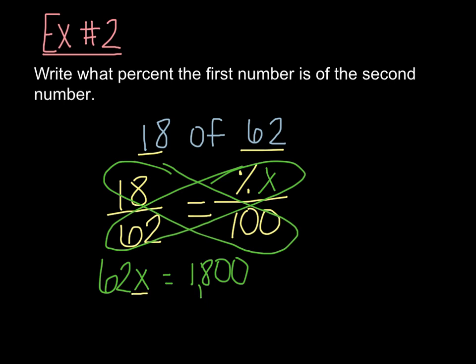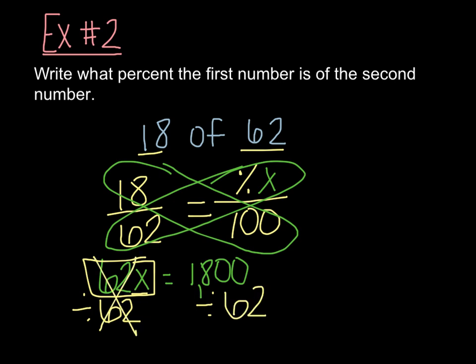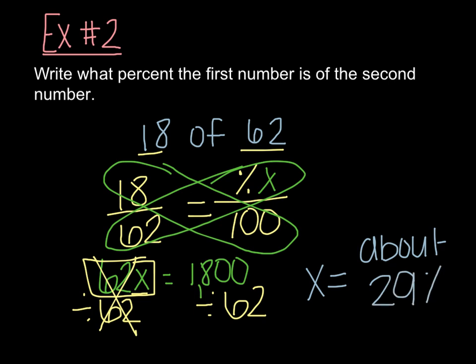We have a multiplication problem here, so that means we have to divide. So we have to divide by 62 on both sides. This side crosses itself out, and 1,800 divided by 62 is about 29%, which would be our answer.